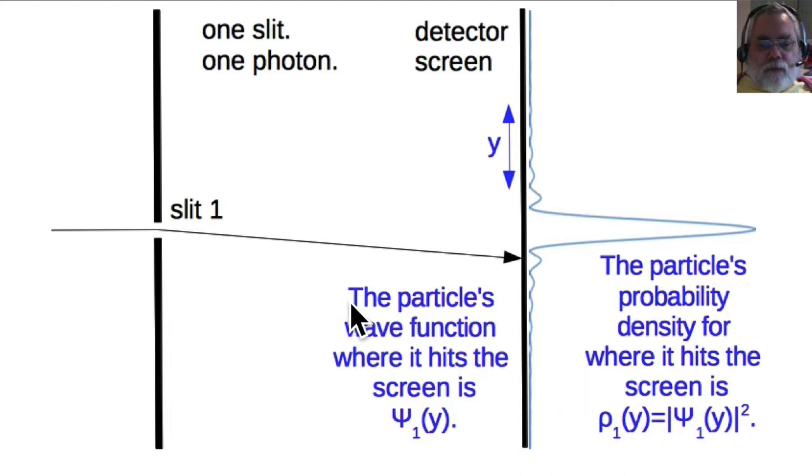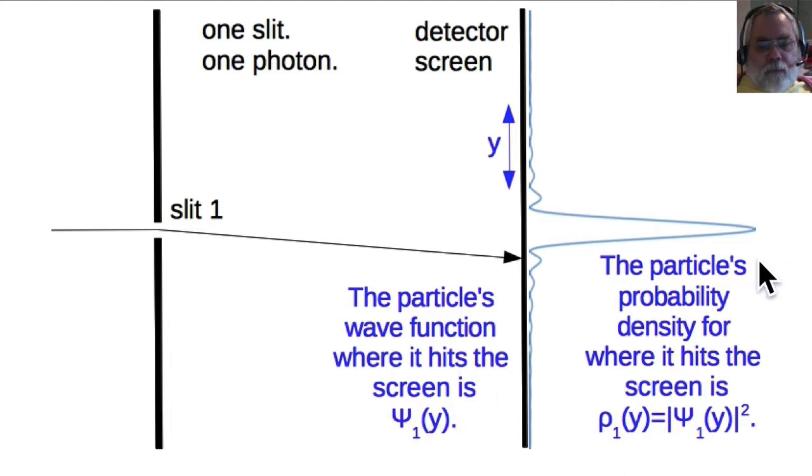Now for quantum mechanics, we will say that the particle has a wave function, also called a probability amplitude, for where it hits the screen. We'll use y as the direction of the screen, and here we're using vertical. So the wave function for a single photon going through slit 1, hitting location y, will be Greek capital letter psi sub 1 of y.